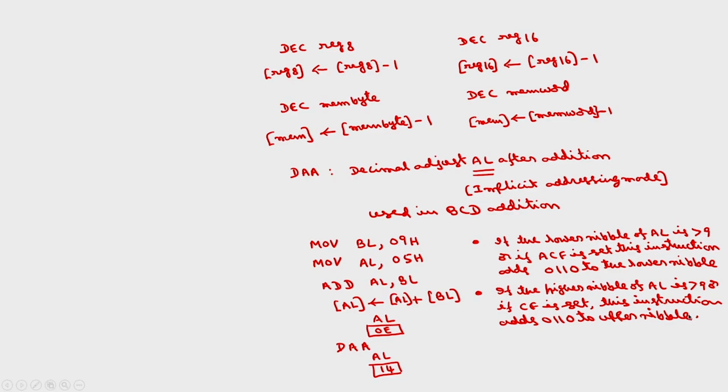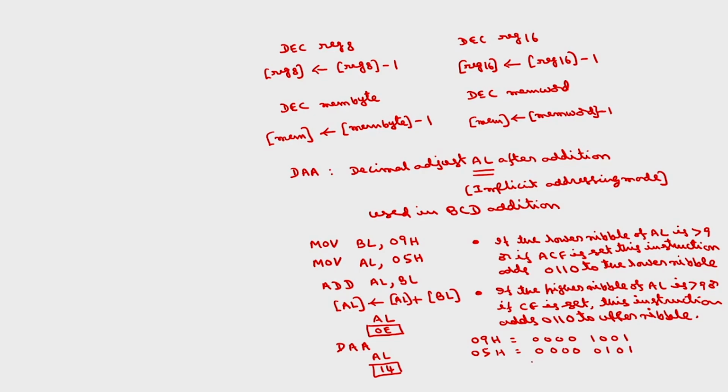If I take the same example here, if I add 09 plus 05, 09H will be 00001001 and 05 will be 00000101.